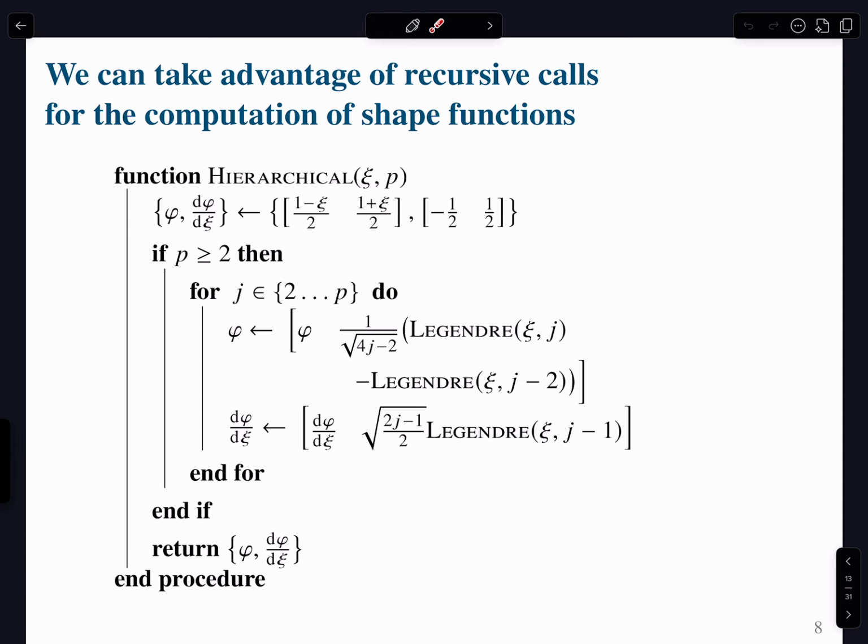And now I have a hierarchical function that is basically building the shape functions that I'm going to use. And so, very straightforward. I have the linear shape functions, and I know that at the very least I'm going to be dealing with a linear function, and so I just compute them, right? And only if the polynomial interpolation order is greater than or equal to 2, quadratic or further, then I have to compute all these expressions as we saw in the equations earlier.